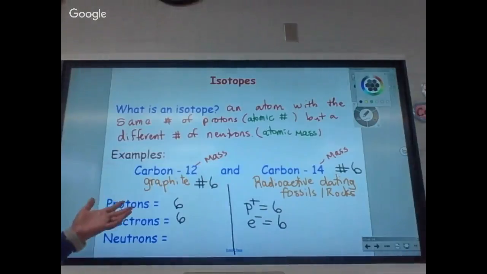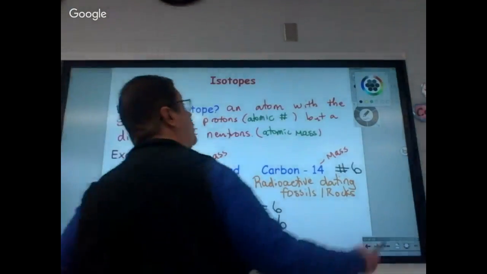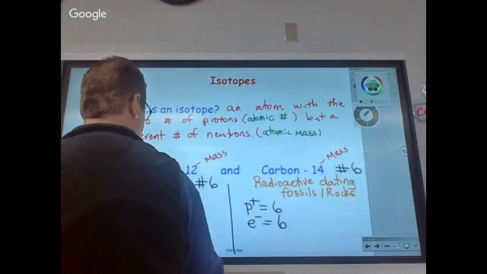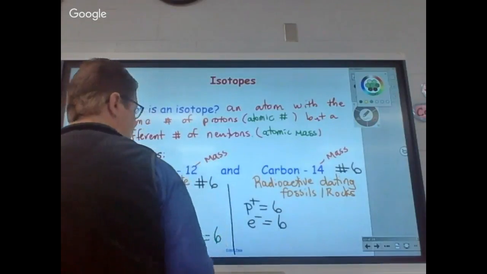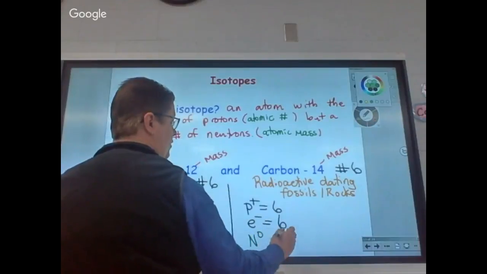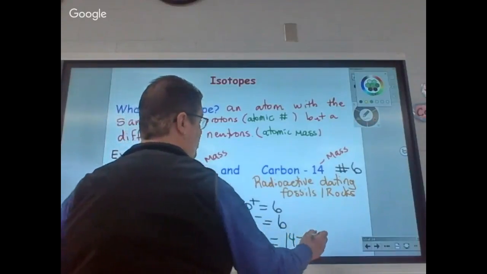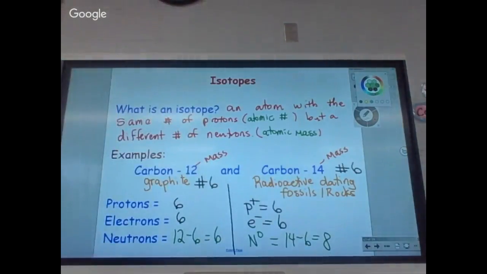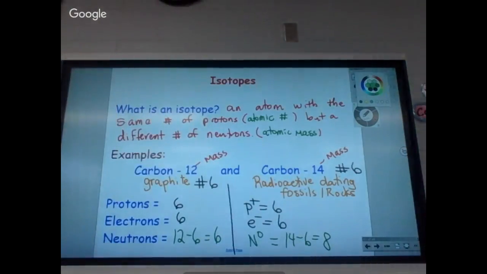Now, for neutrons, that's when we subtract. So we get 12 minus 6, which is 6. And over here, we get 14 minus 6, which is 8. Now, that's what makes an isotope. The fact that the protons are the same, but the neutrons are different. Does that make sense? Protons are the same, neutrons are different.